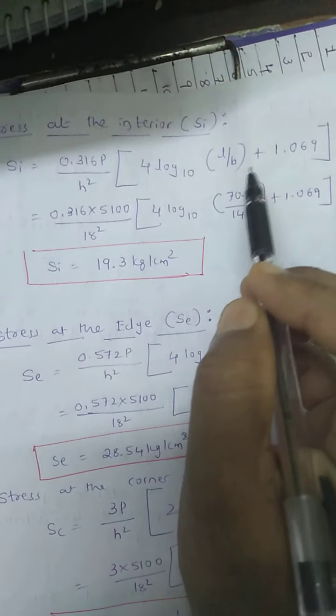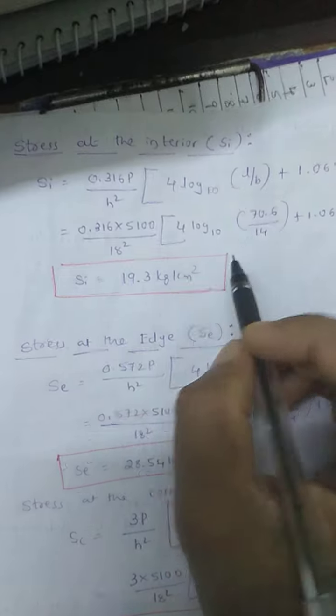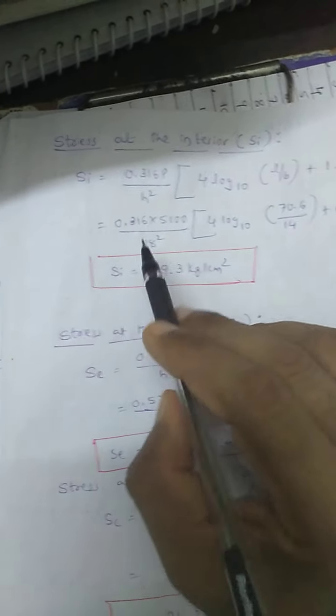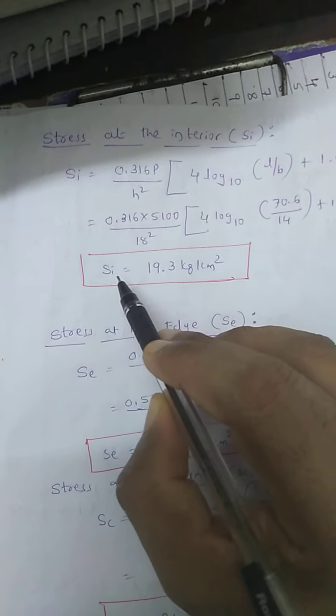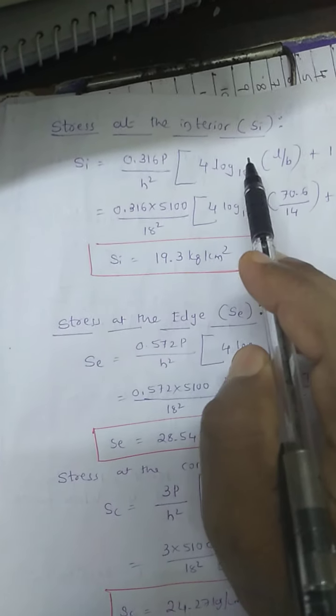You know L and B values, you know P and H, so if you put these values we get SI is 19.3 kg per centimeter square. This is the stress at the interior region.